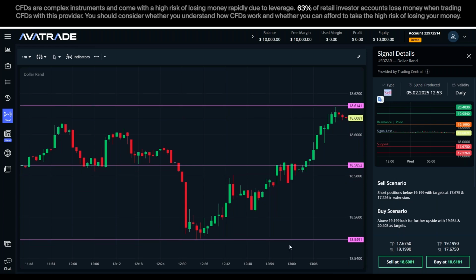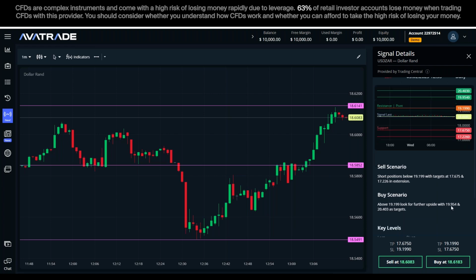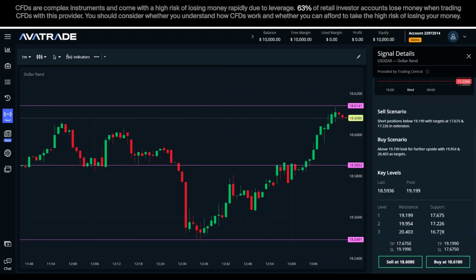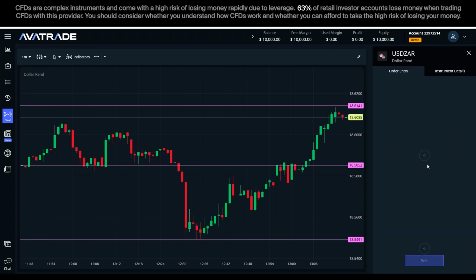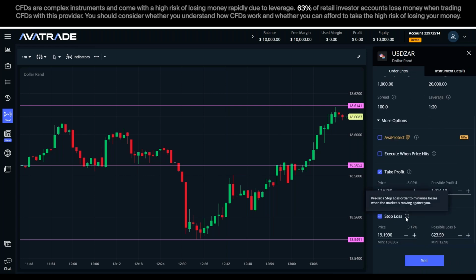Now, since this is a sell and my intention is that the value will decrease, there is something called take profit, which is a price that I can set, and the platform is going to close the position at the price that I set.